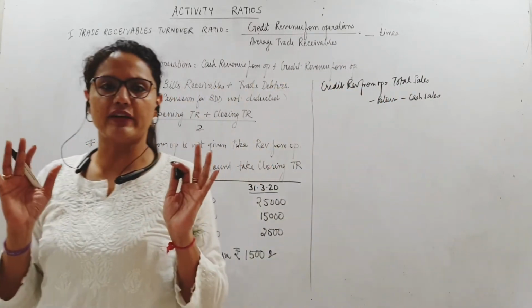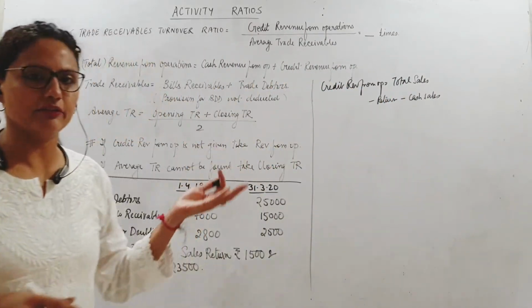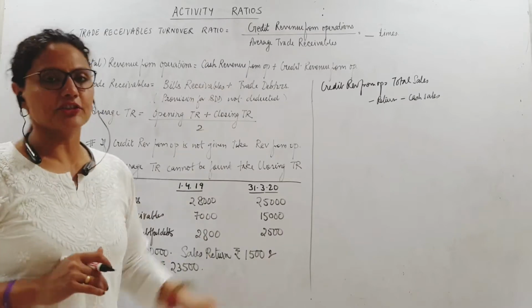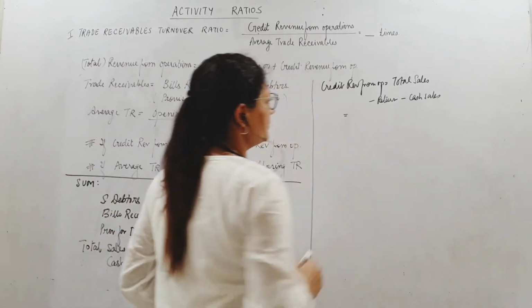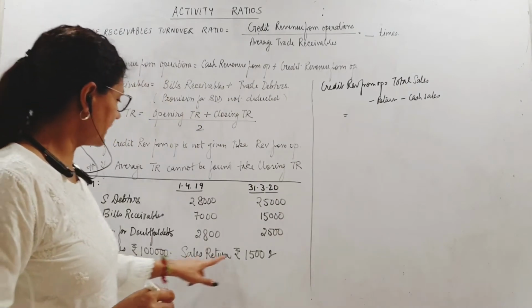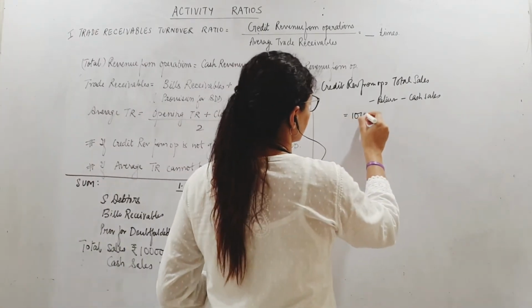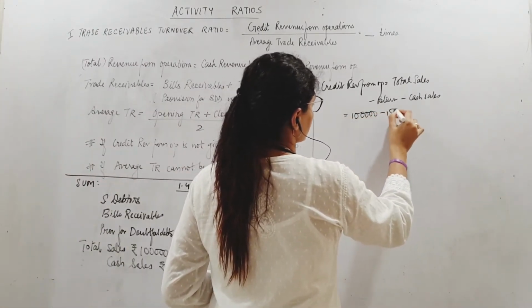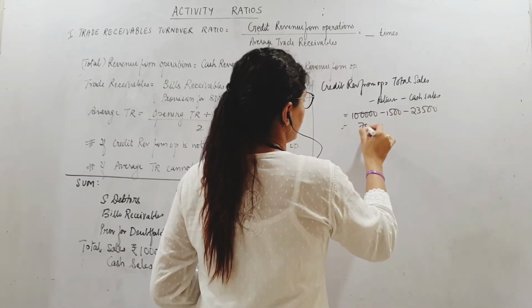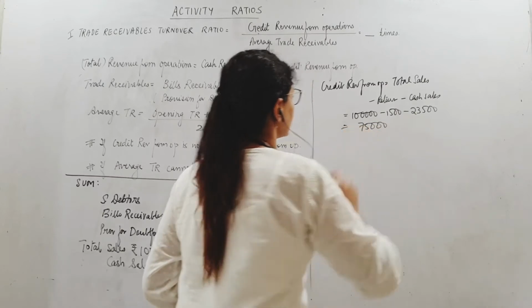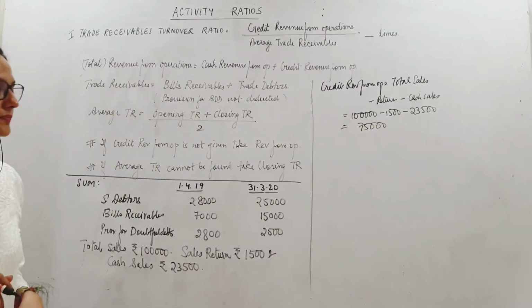We need to find net sales कितना return. So definitely we have to reduce. Then cash sales also we need to subtract. So we get credit revenue from operations. So this is 1 lakh minus 1500 minus 23,500. 75,000 is my credit revenue from operation.